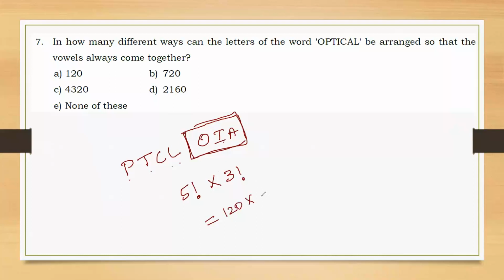So 120 into 6, 720. Clear? Is it clear? Any doubts after this? Question number 7.